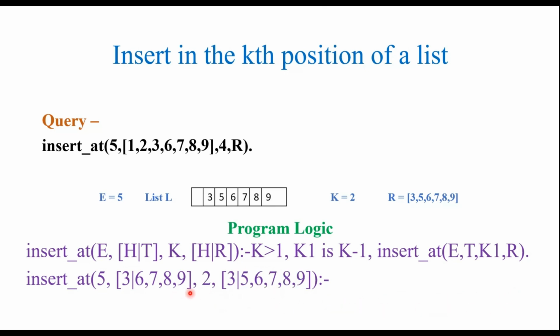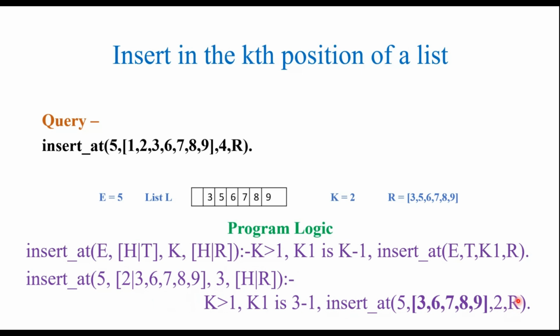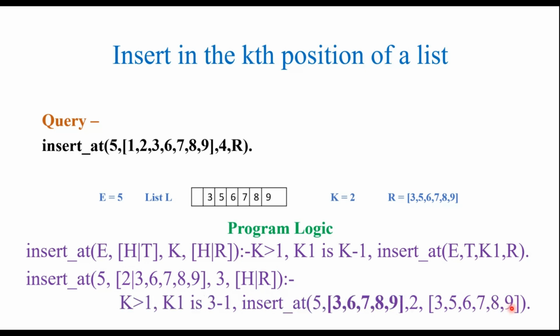From this value. So this is the resultant parameter. So this result value will be received over here, because once this is called, it was calculated from this portion. So now R gets 3, 5, 6, 7, 8, 9.